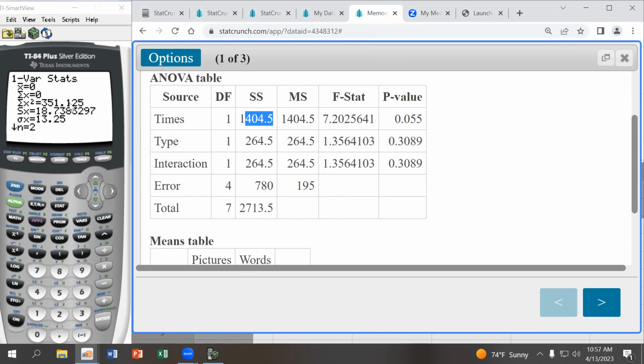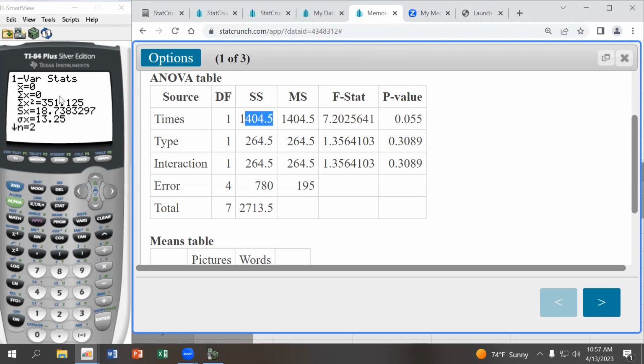Previously, whatever number we had, we multiplied by the number of observations per column. They have to match up. That's the only case we are going to do in this class. This time, since we are looking at row means, you have to multiply 351.125 by the number of observations per row.